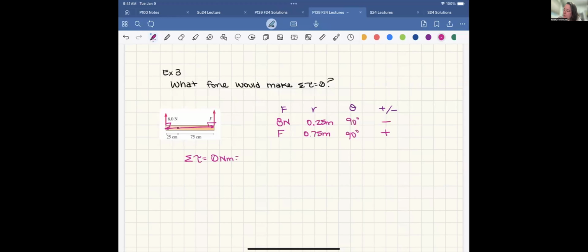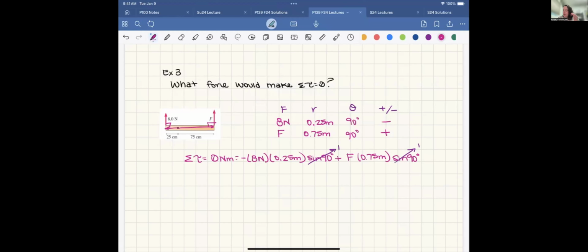And it's also both torques combined. So we have our 8 newtons times 0.25 meters sine 90. Oh, that one's negative. Plus whatever our force is, 0.75 meters sine 90. So again, both of these sine 90s are just 1, so we can ignore those.